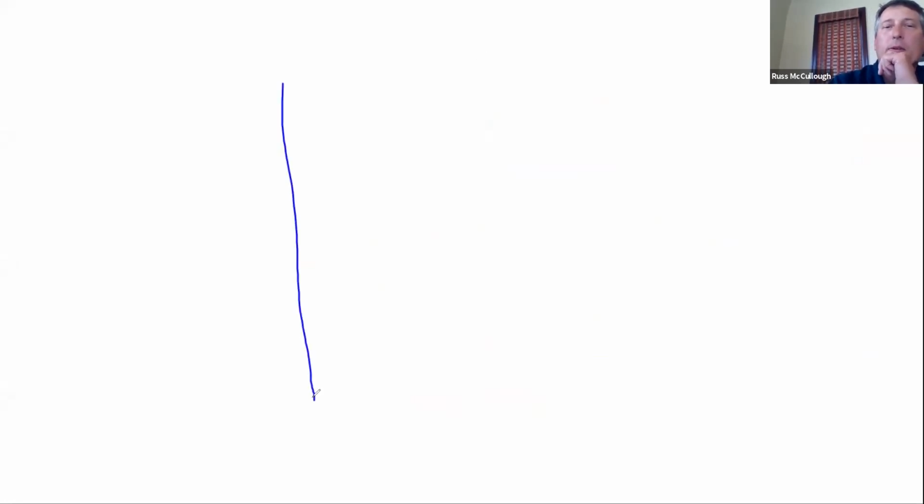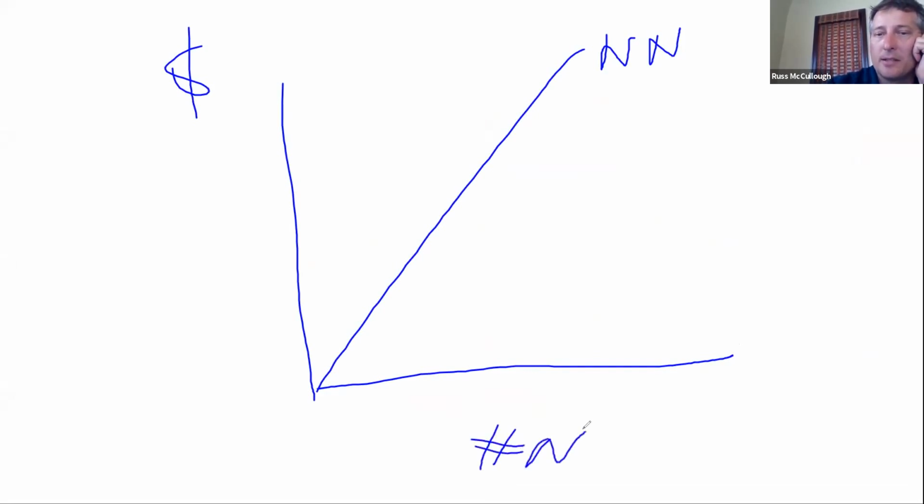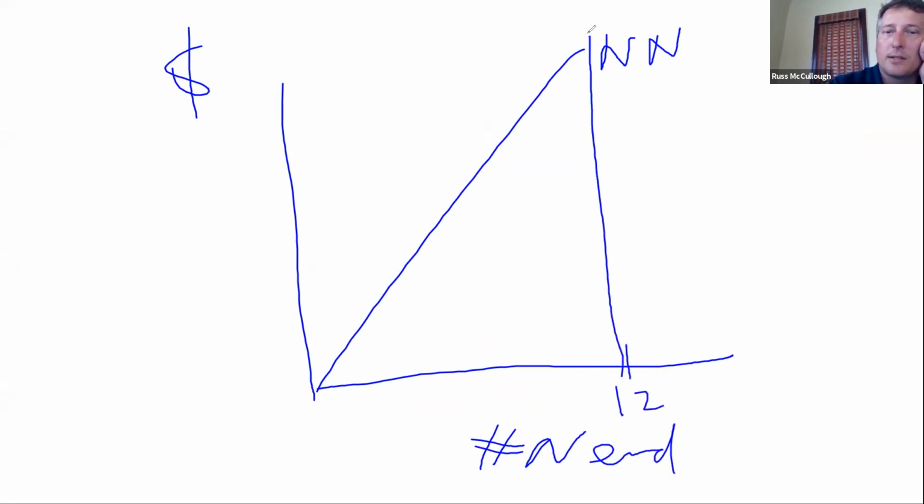Good, 64. So now that you got the gist of it, we have a straight line, that's the non-nerd premium curve. This is the premium that they're willing to pay to live in a nerd neighborhood. So this is number of nerds, and this is 12. And so at 8, 8 squared is 64.